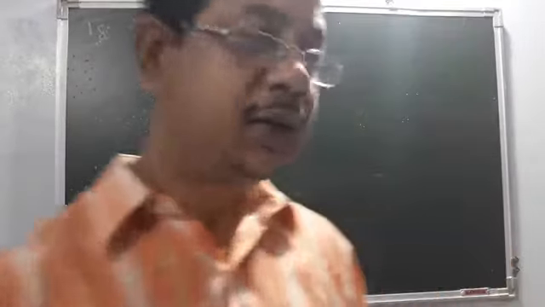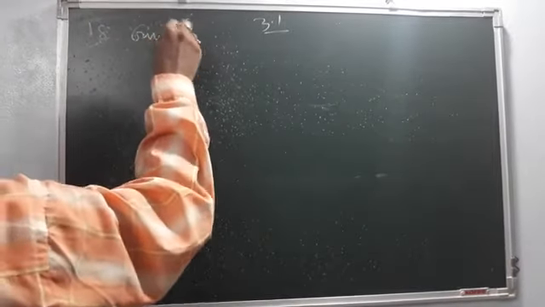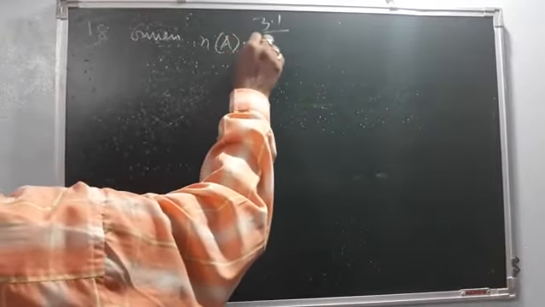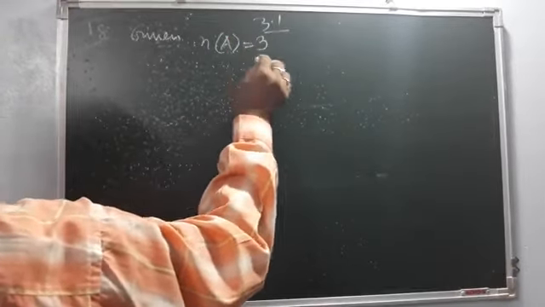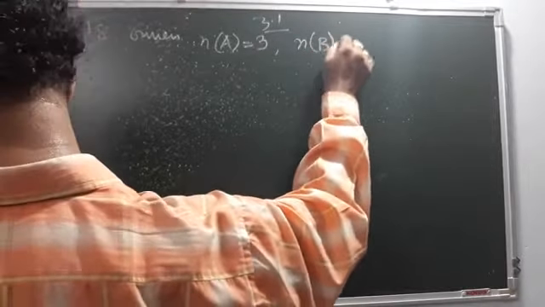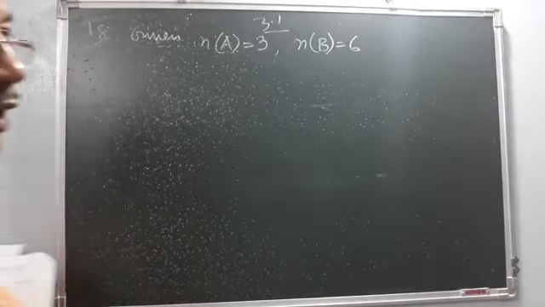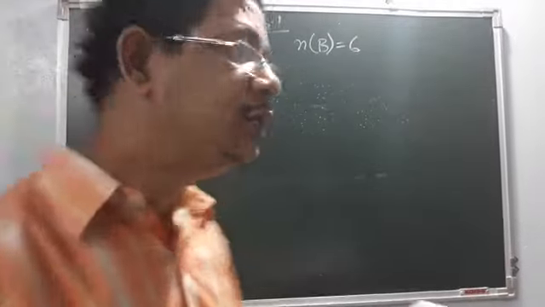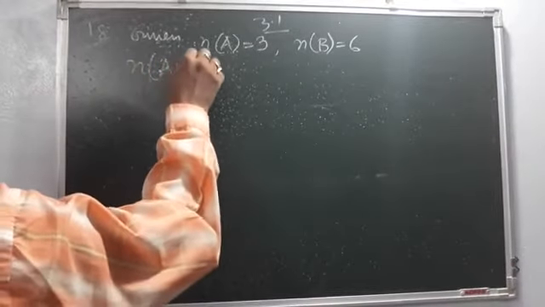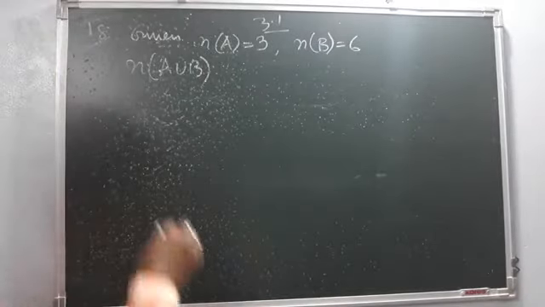So what they have given: the number of elements in A, that is the cardinal number of A, n(A), is 3, and the cardinal number of B is 6, and nothing else. They only ask for the maximum number and minimum number of elements in n(A union B).